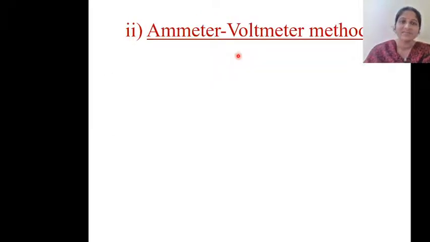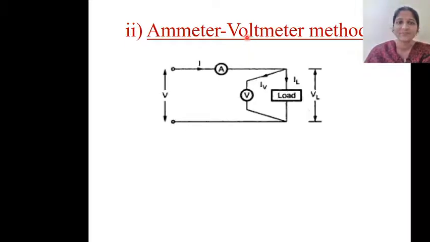Coming to the second one, the ammeter voltmeter method. As I told you, from the name itself, the ammeter has to come first and then the voltmeter. So first the ammeter, next the voltmeter is connected across the load.